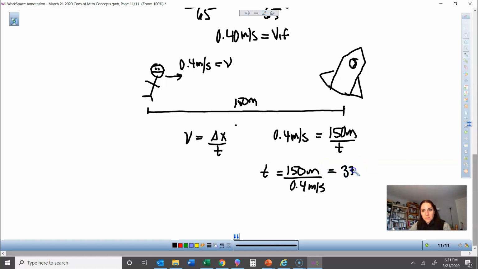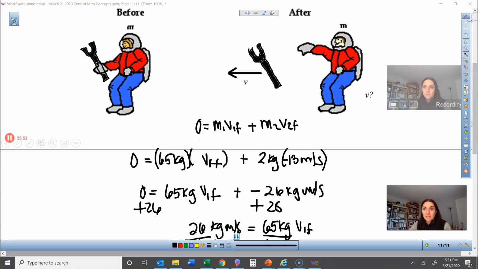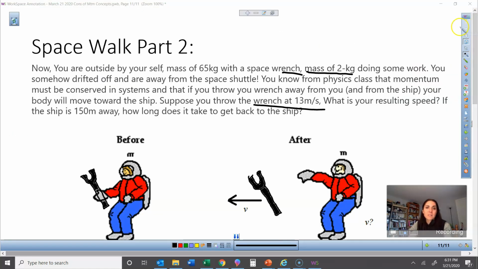So 375 seconds, which is the answer, but I'm just curious, which becomes 6.5 minutes. So it's a long time to get back, but at least you're getting back, right? You don't want to be stuck out there. So that's how you can figure out how long it takes to get back. This is a standard problem in physics, this wrench one.